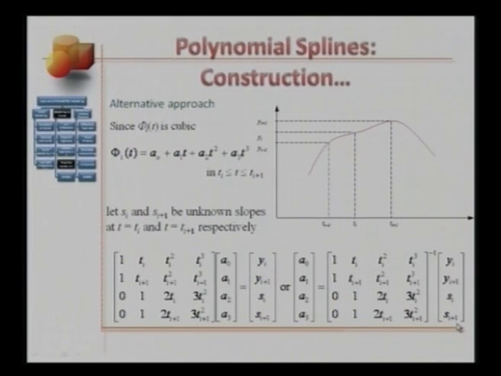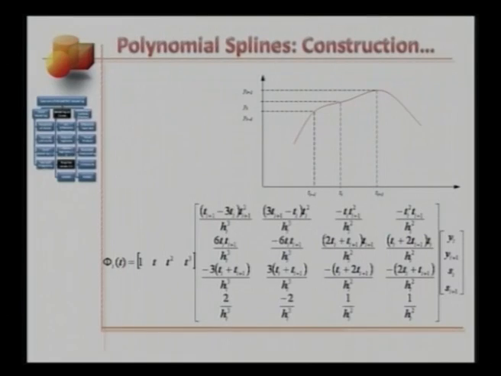But wait a minute. When did I tell you that s i and s i plus 1 are knowns? We just said let the slopes be unknowns at these 2 points. Let's see where this takes us.